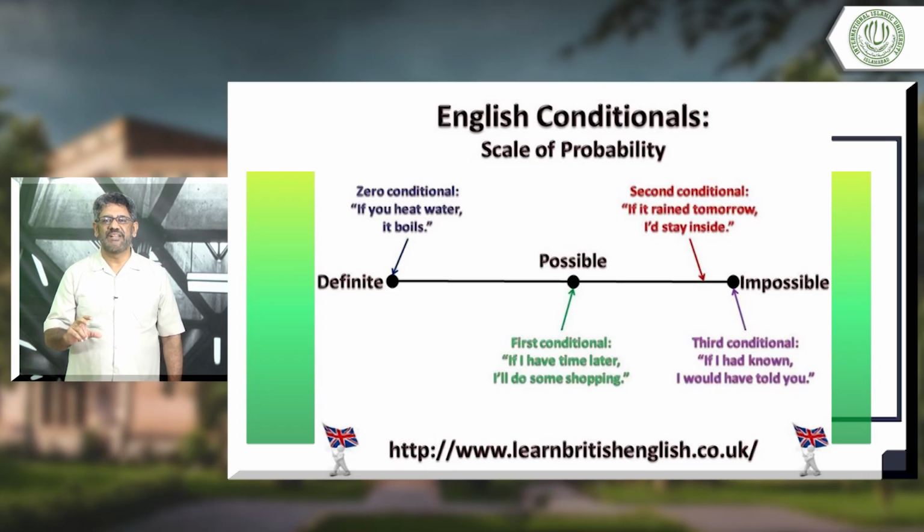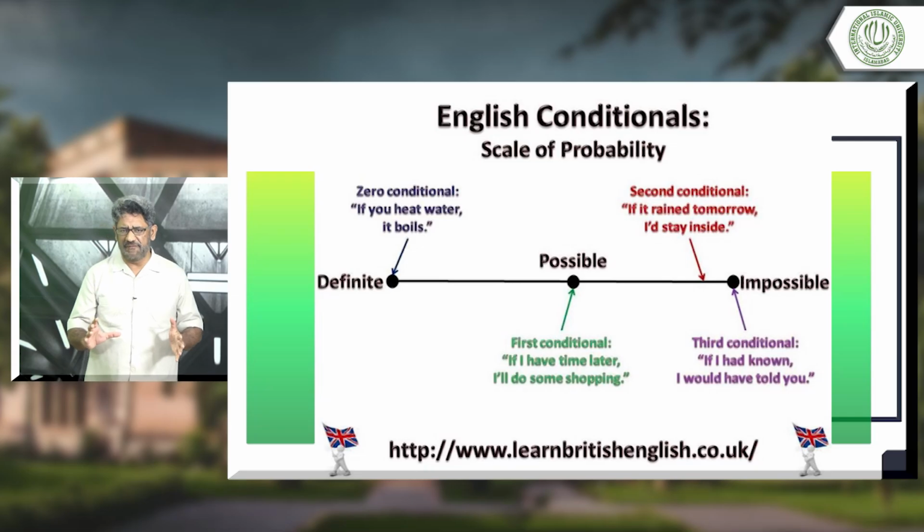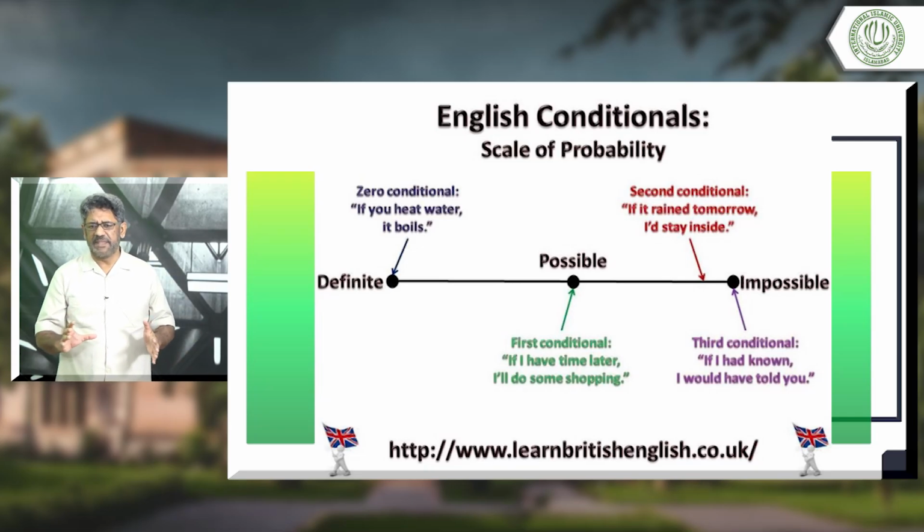Now the possible one, the first conditional: if I have time later, I'll do some shopping. If I have some time later, there is the possibility. Remember, we are talking about the possibility. It may not happen like that, but the possibility is there of this action happening. Now look at the second conditional.